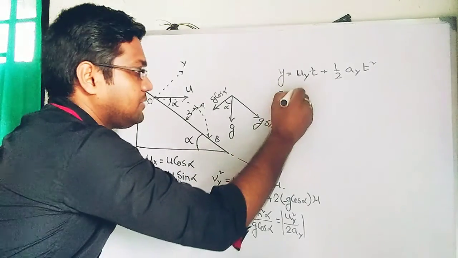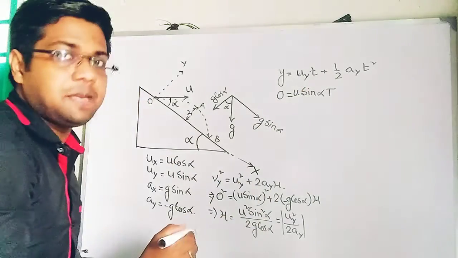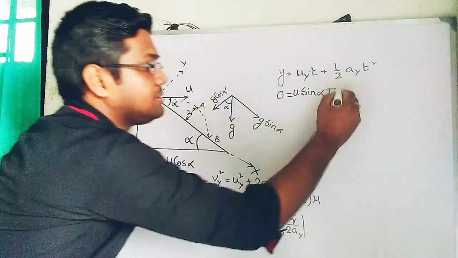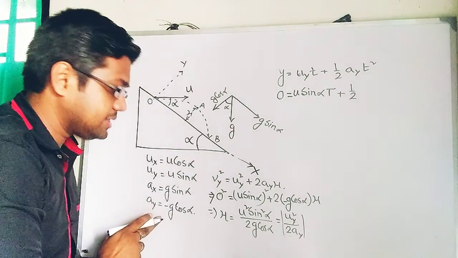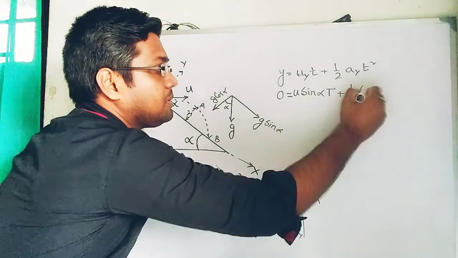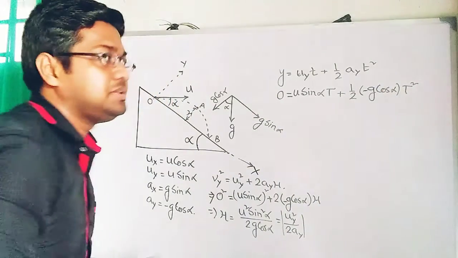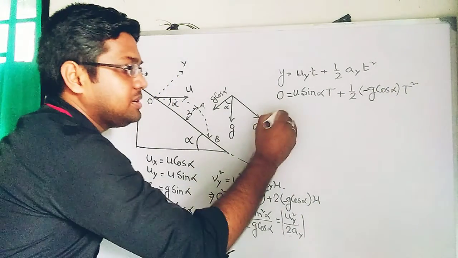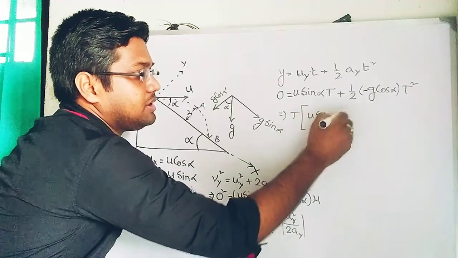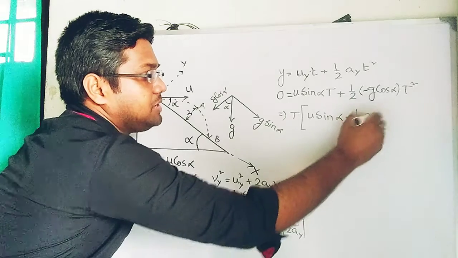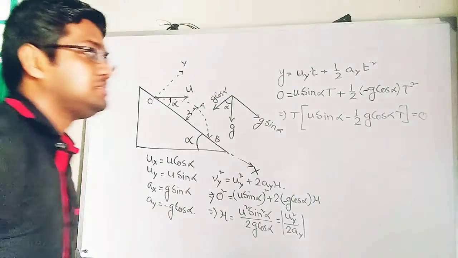Uy is u sin alpha. Let the total time taken be capital T, the total time of flight, plus 1 by 2 ay, which is minus g cos alpha, into capital T square. So from here, if I take T common, it will be u sin alpha minus 1 by 2 into g cos alpha into capital T equal to 0.